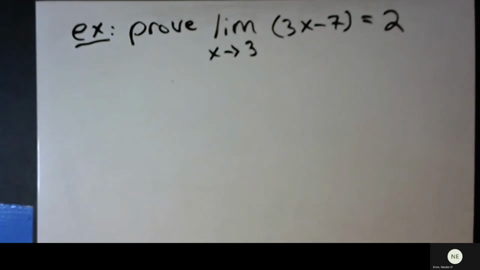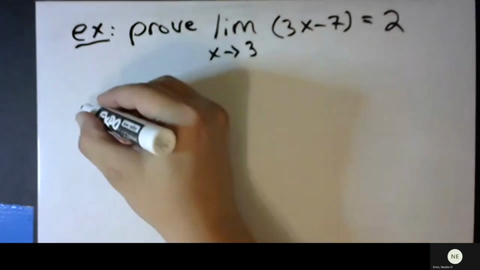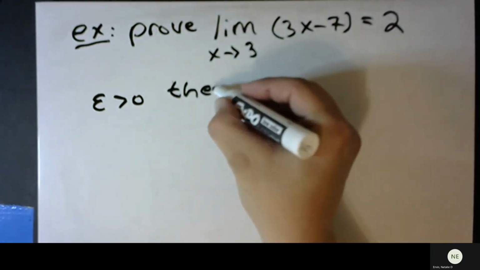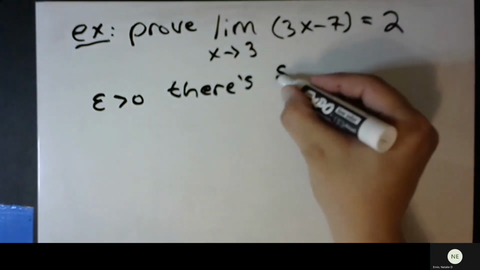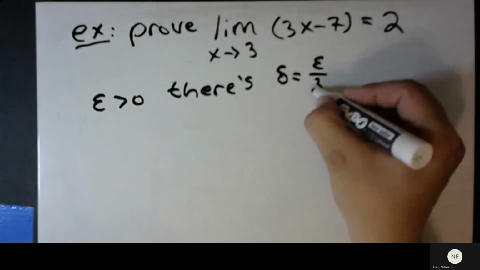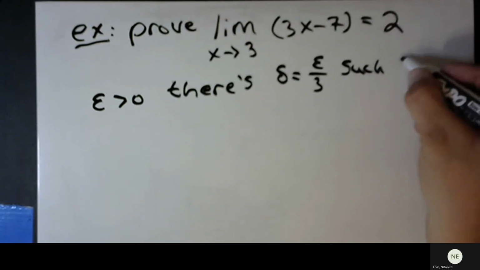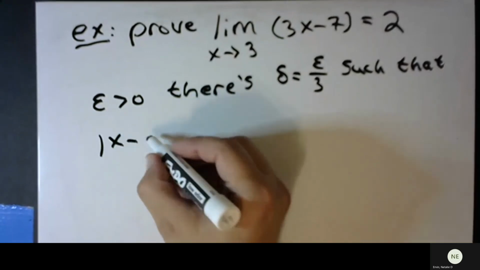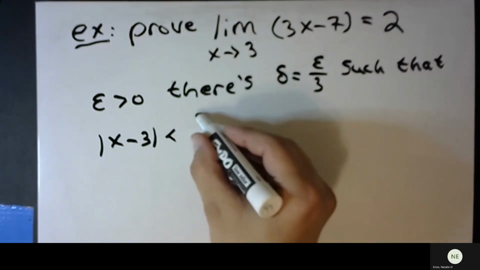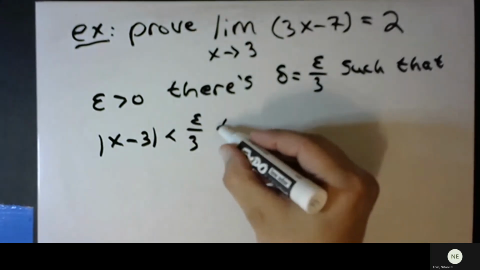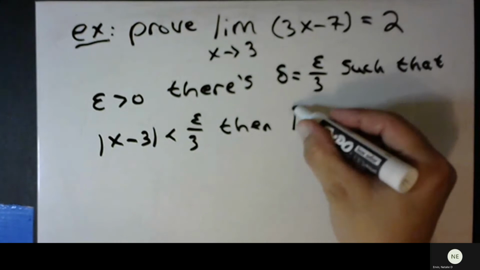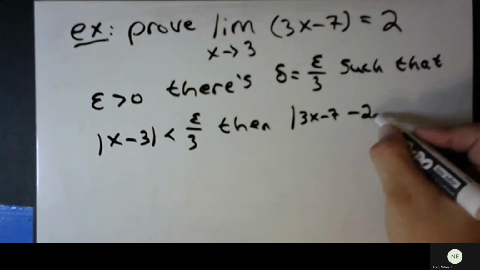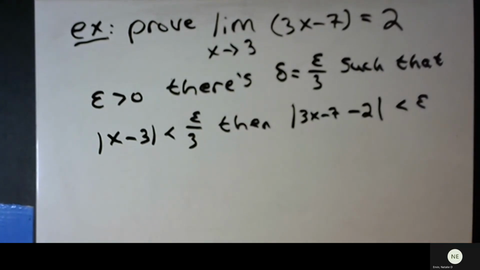So what we have here, for any epsilon greater than 0, there's delta equal to epsilon over 3 such that when the distance between x and 3 is less than epsilon over 3, then the distance from 3x minus 7 and 2 is less than epsilon.